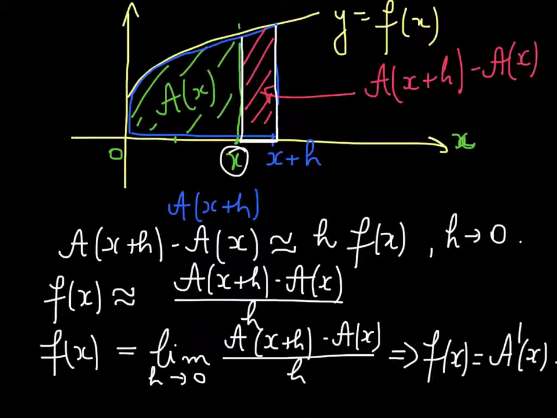Now I know that the opposite of differentiation is integration, meaning that I can find A of x. So let us revise where we are left from the previous slide.